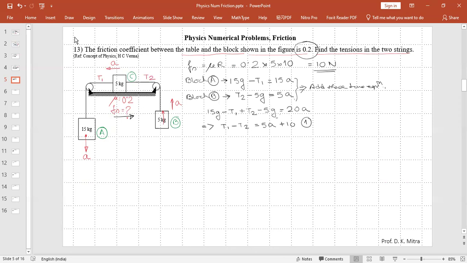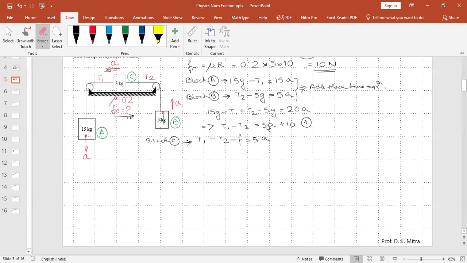Then, if we go to the block C, then we find block C is moving towards left, and the force towards left is T1, minus force towards right is T2, minus frictional force F will be equal to its mass 5 into acceleration A. I am sorry that I have made a mistake here.